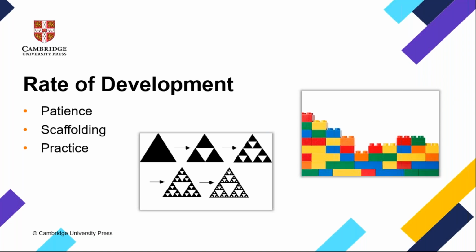And another picture stands for us to understand that different students will acquire different skills at different paces. And it's important to be patient with all of them and not to demand everything at once.